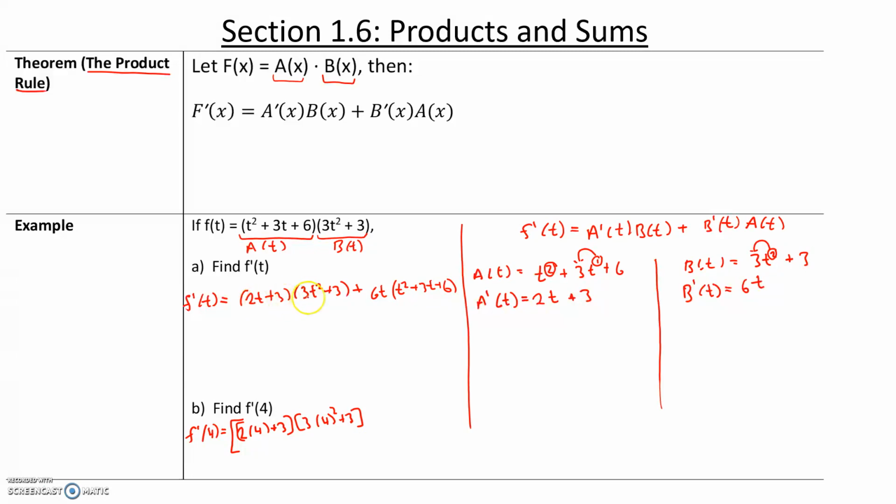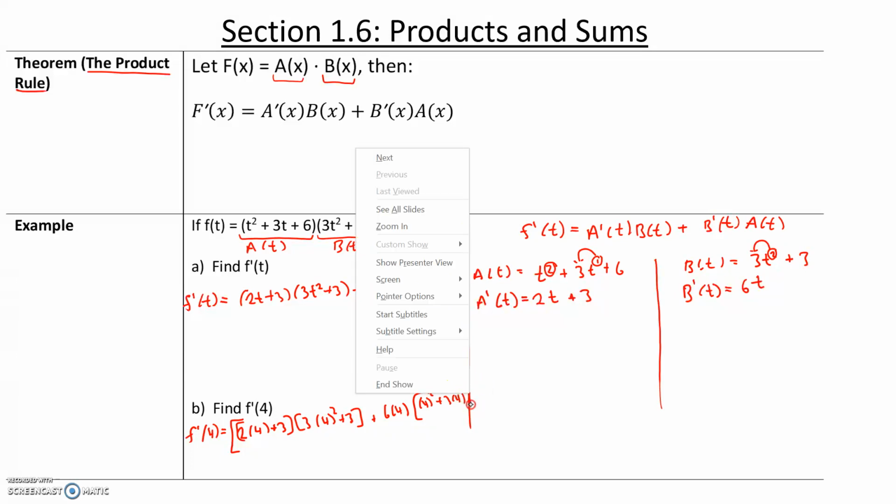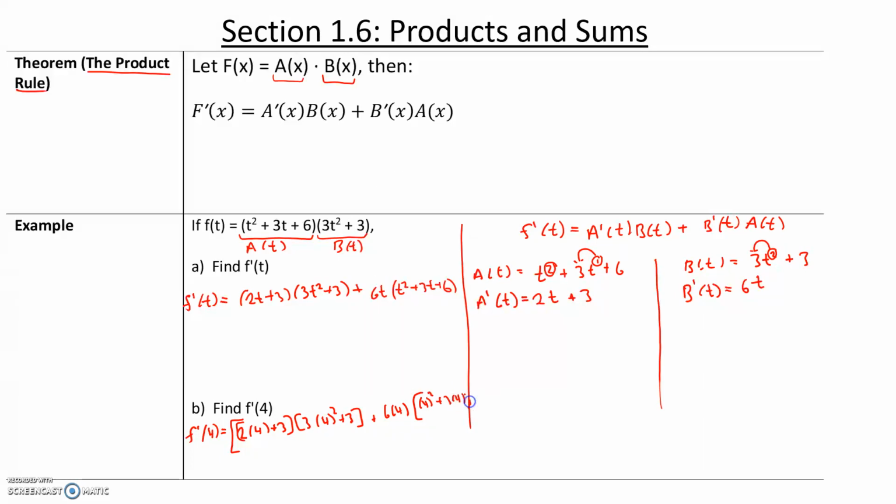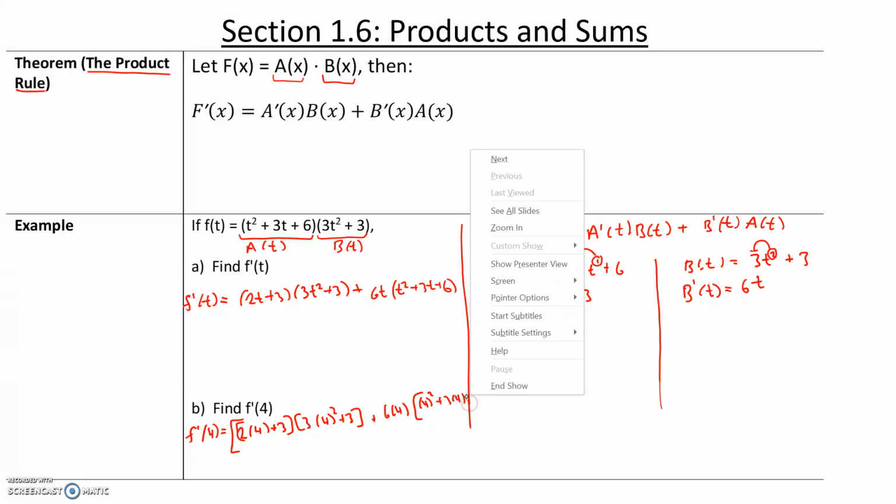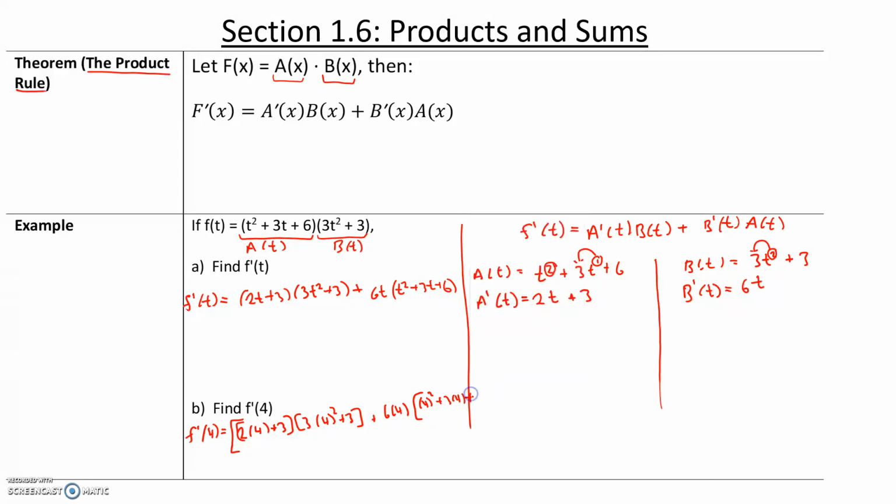So each of these t's got replaced with a 4. Plus 6 times 4 times 4 squared plus 3 times 4 plus 6. And I'm sorry it's getting kind of small and messy.